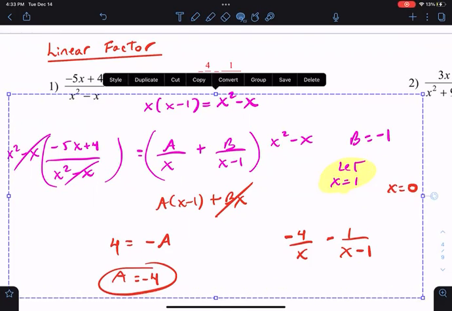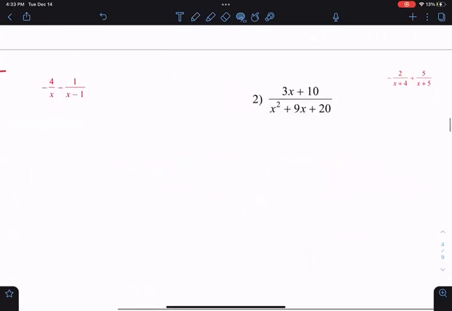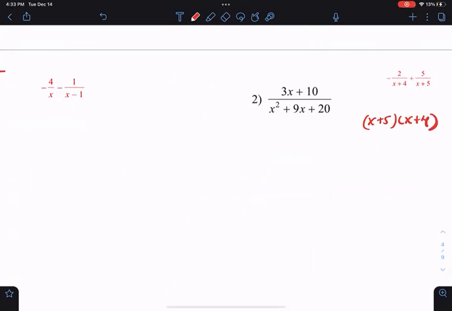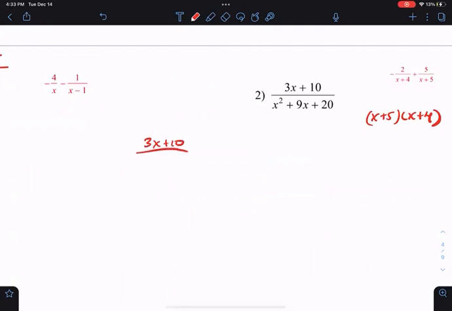So this is a linear case, right? The next question, we need to factor again. So this is going to be x plus 5, x plus 4. Again, this is a proper fraction because the degree of the denominator is higher than the degree of the numerator. So we have 3x plus 10 over x squared plus 9x plus 20, and then we have a over x plus 5 plus b over x plus 4.